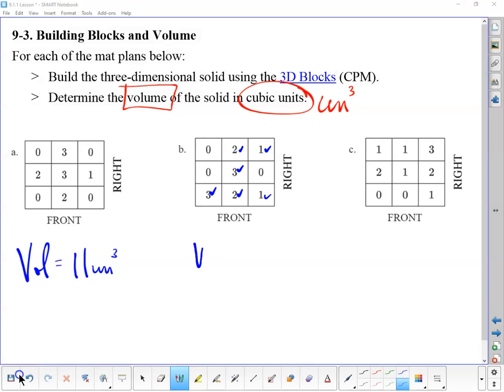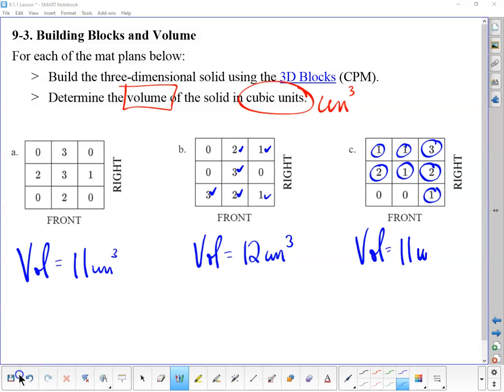Then we got 12. The volume here would be 12 units cubed. And then for C, we have 1, 2, 3, 4, 5, 6, 7, 8 plus 3, so the volume here would be 11 units cubed.